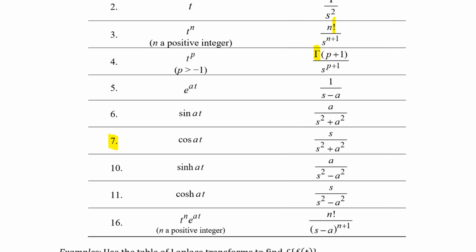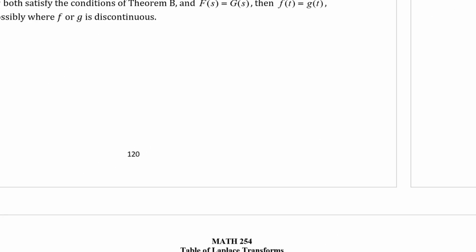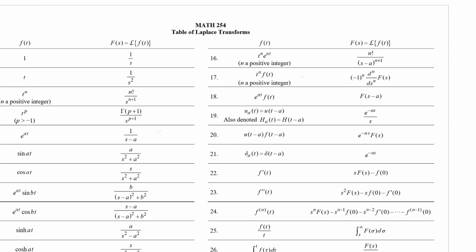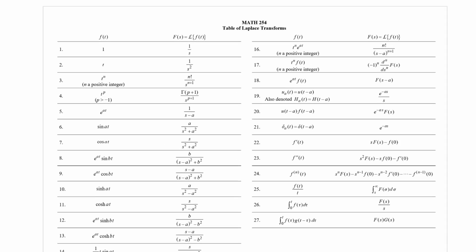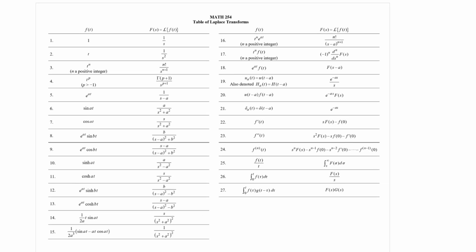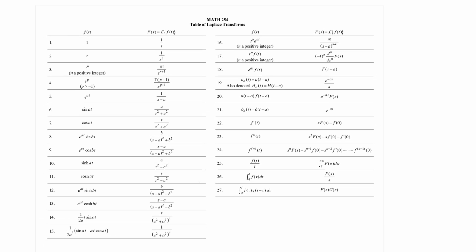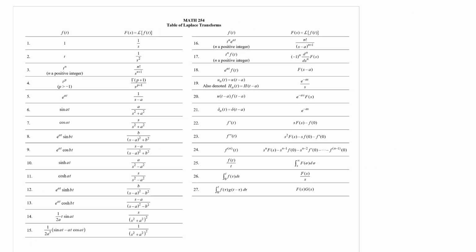One thing I do want to say too, though, is that we have a complete table of Laplace transforms. You probably can't see this very well on the video screen, but I've zoomed so I can fit the whole thing in the window. This is the one that I've provided for our class. Again, you can look up many different versions of this. Our textbook has little bits of this in different parts.